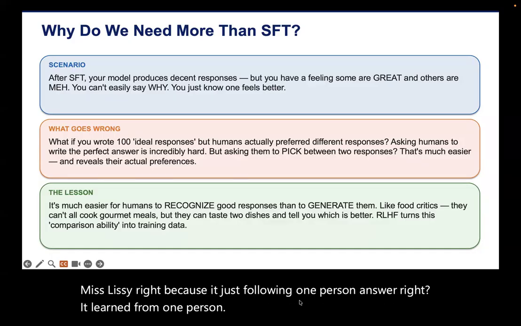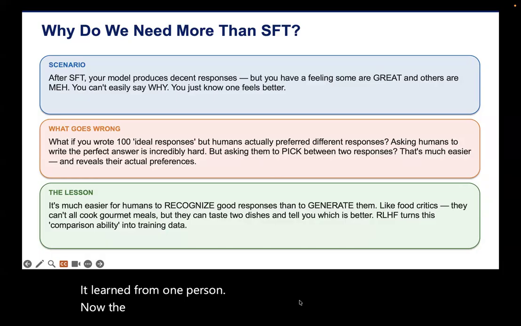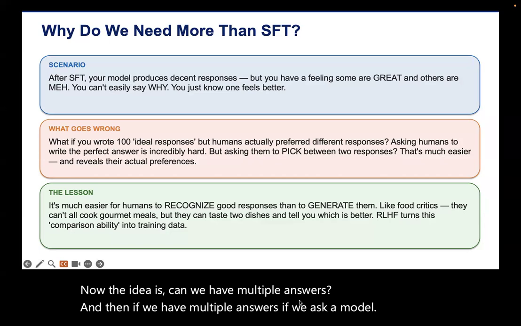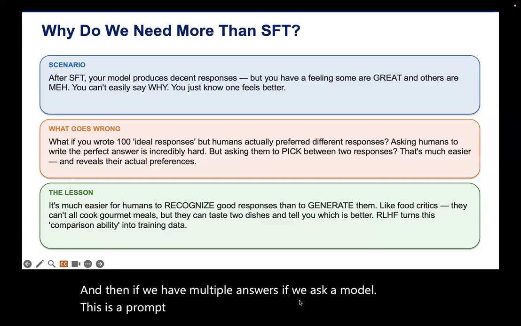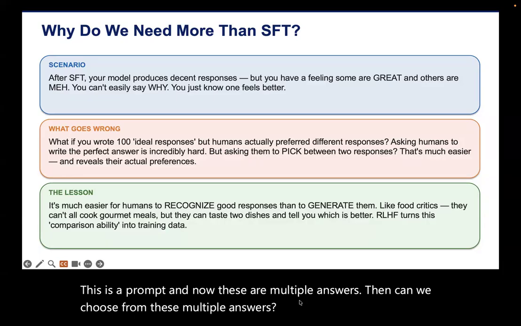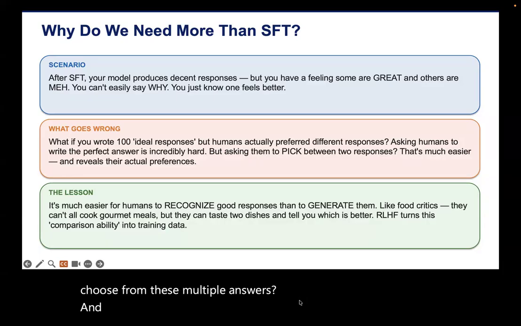Now, the idea is, can we have multiple answers? If we ask a model, this is a prompt, and now these are multiple answers, can we choose from these multiple answers and penalize the ones that are not the best answer so that the model will not select them, right?